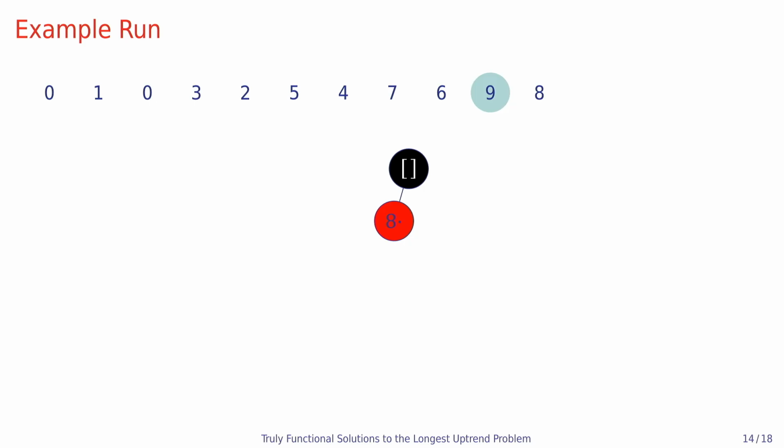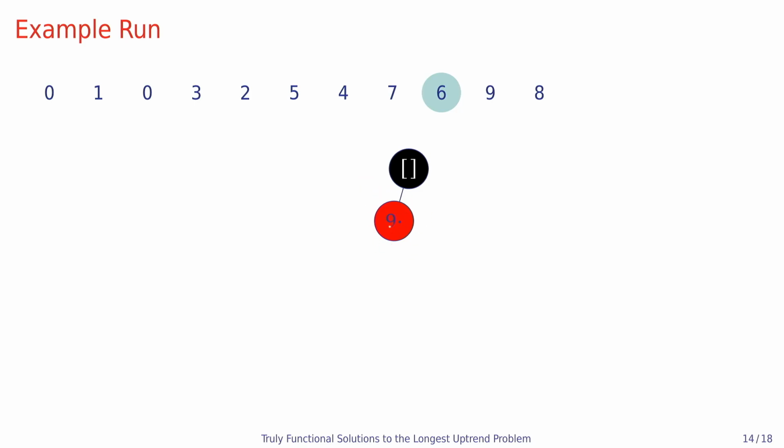So now 9 does not extend the uptrend starting with 8, but it extends the empty uptrend. So the tipping point is here in between. So instead, 9 now will replace the 8 here.